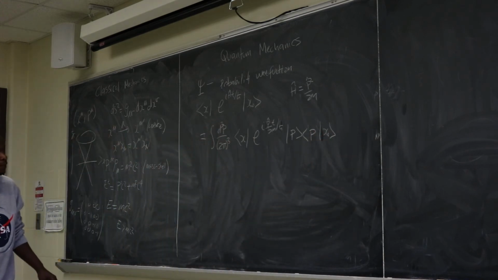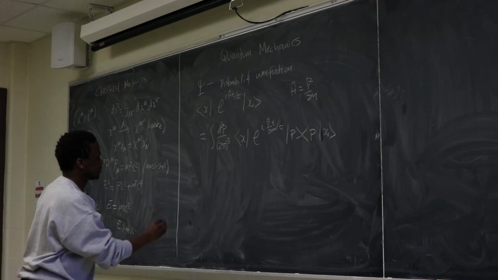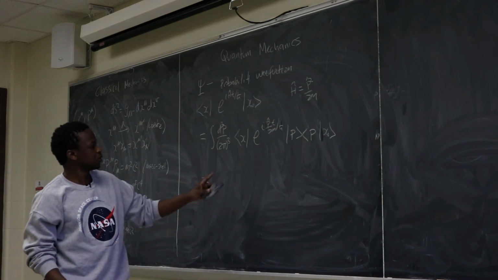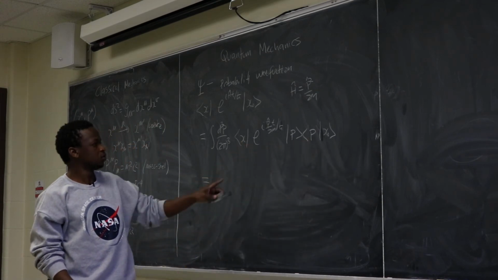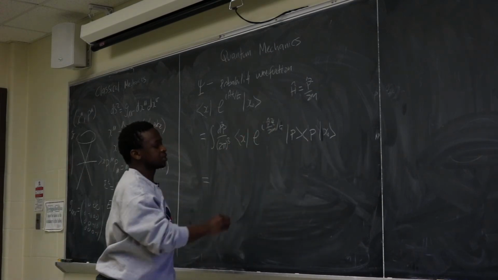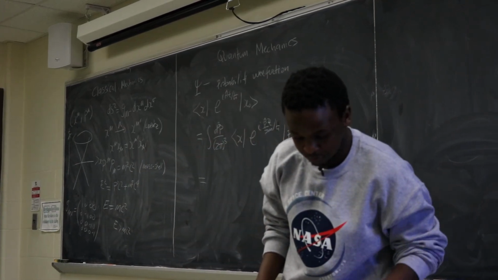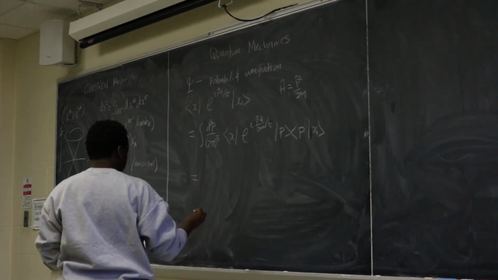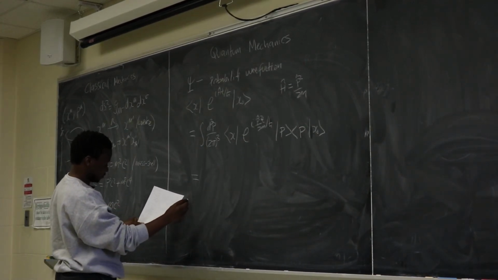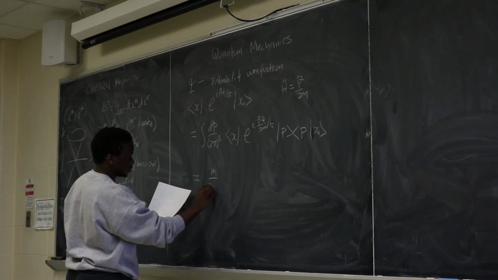Okay, and just to save some time, you can do this calculation. You see that this will be your plane wave, and you get a Gaussian integral, and I can import the answer to be that.